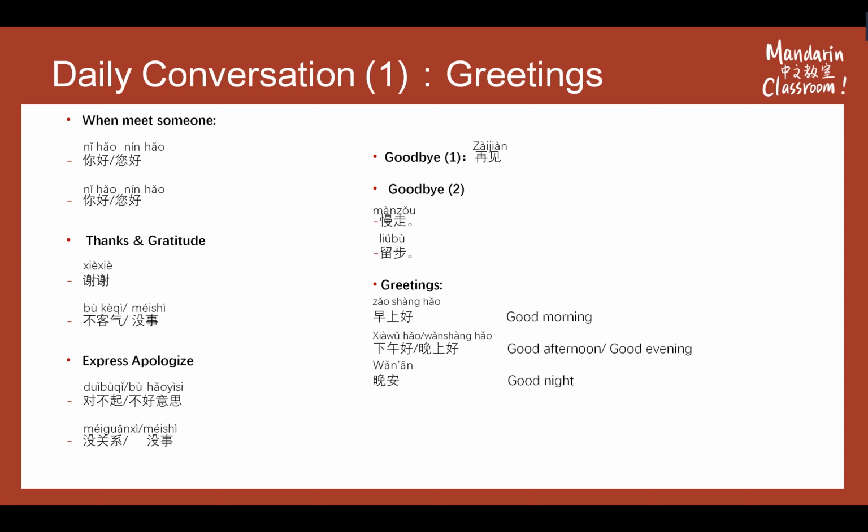Like if you're on the bus and you step on someone, but not on purpose, you could say 不好意思. You think it's not a big deal, so you could use 不好意思 to say I'm sorry. But for a serious matter, you have to say 对不起, because it's more formal and the situation is more serious.